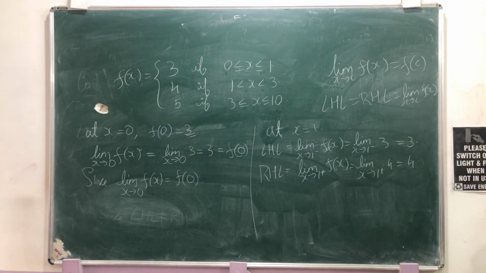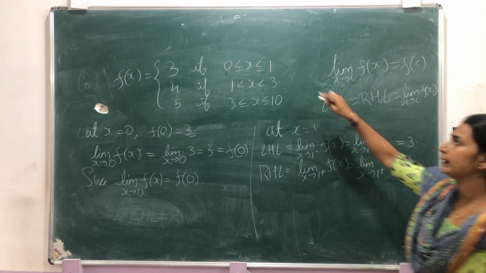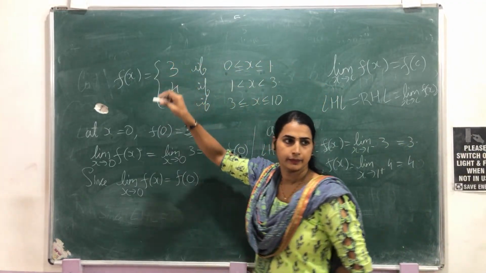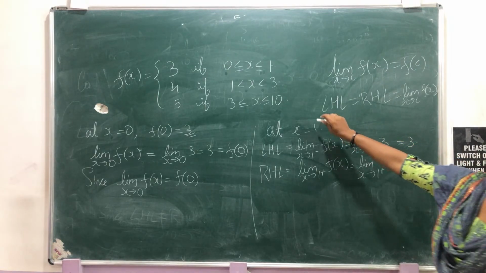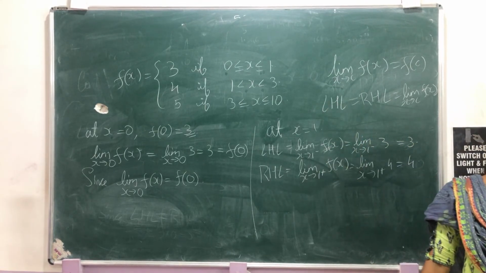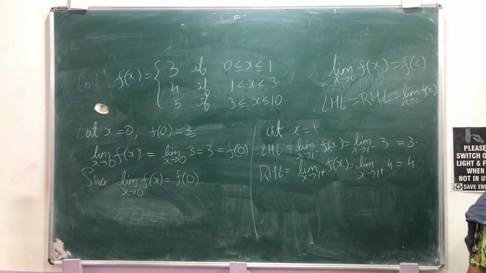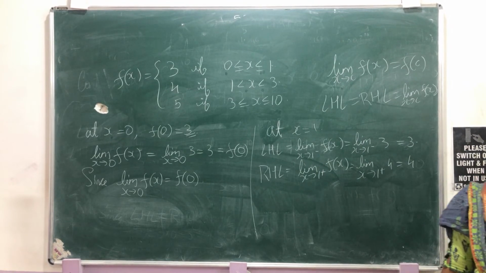Again, no need of checking because for x equal to 1, it is the same as 3 only. Since LHL is not equal to RHL, what's the conclusion? The function is not continuous at x equal to 1. What is the point of discontinuity? X equal to 1 is the point of discontinuity.